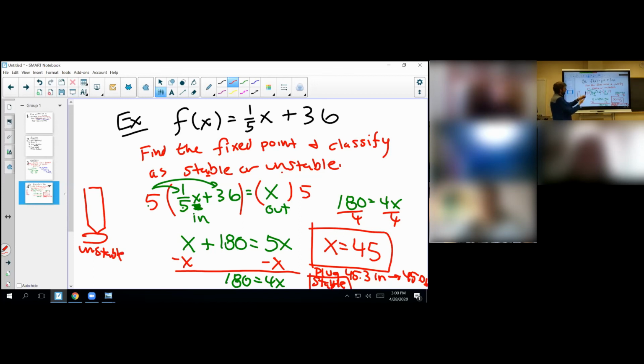Because instead of being at 45, if you're at like 45.3, it's just going to fall off. So that'd be unstable. A stable one would be like a pendulum, like a clock. You know, a clock, if you perturb it a little bit, it just swings back into place. So that would be stable. Let me stop the video there.